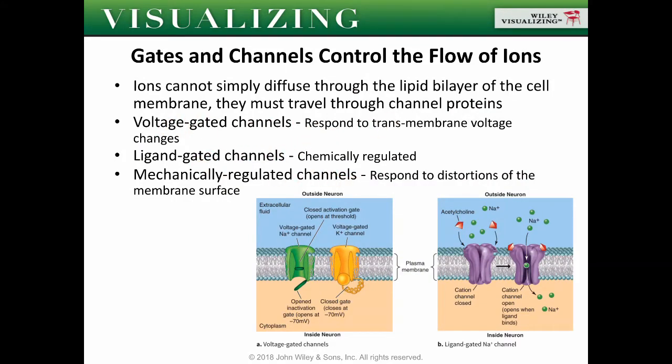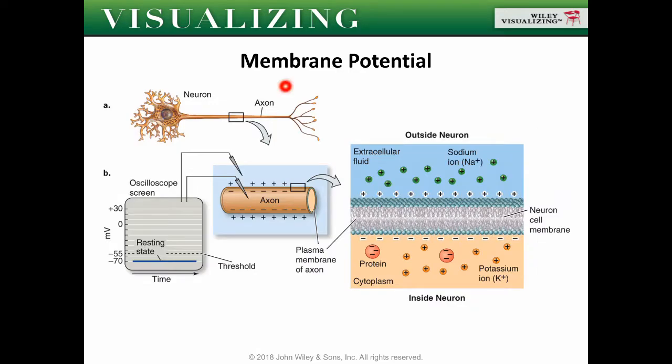And then we have the ligand-gated channels. The ligand-gated channels are chemically regulated. They are sometimes called receptors, because chemicals, actually neurotransmitters in particular, bind to these channels for them to open. Usually these are found at the ends, at the synapse region.